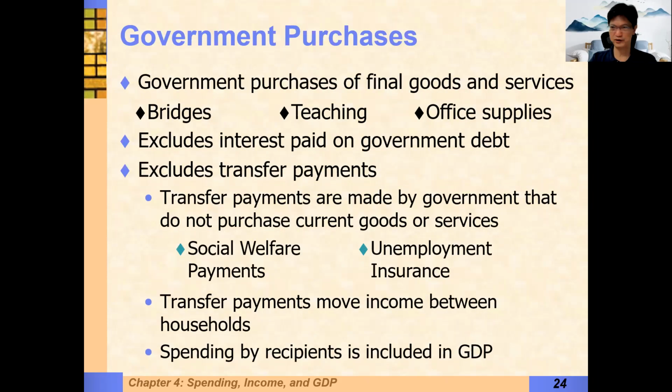So the third use of GDP is government spending, government purchases. Whenever the government buys a final good or service, that's government spending. A lot of government spending is actually just providing services for the people, schooling, policemen, and all that. But there's also buying by the government of goods, building bridges, building roads.